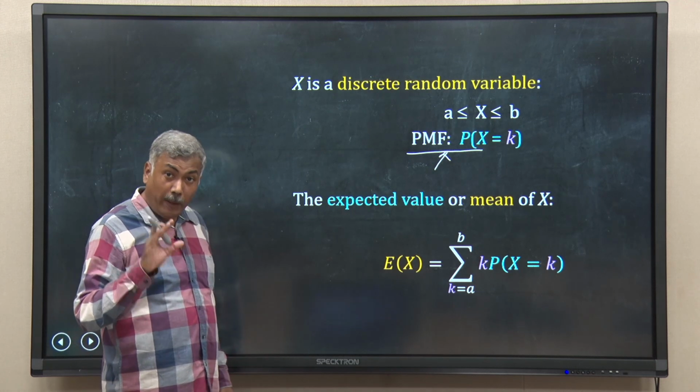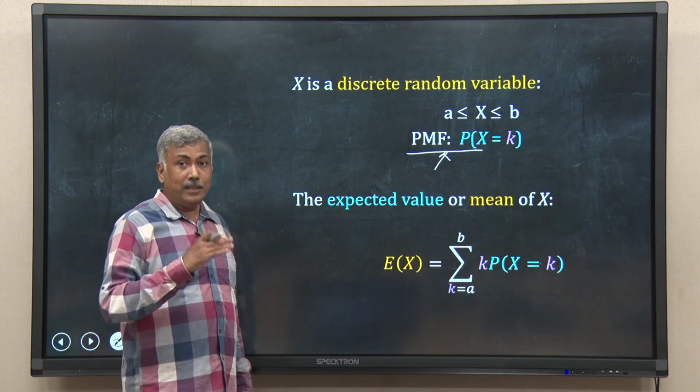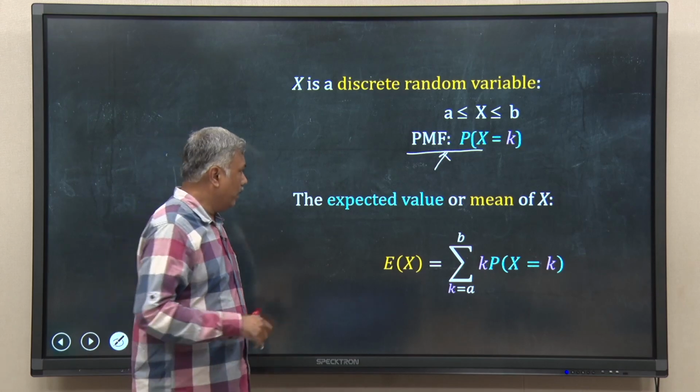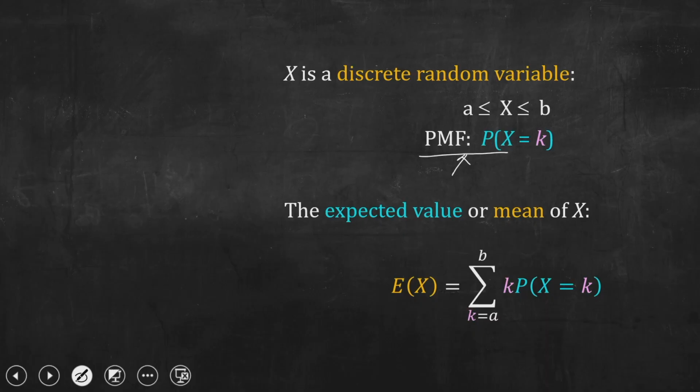Then the expected value or mean, which is the technical way of saying mean, is written E(x). Because it is the expected value, we write E and in brackets the random variable. So E(x), the expected value or mean of x, is equal to the summation of a particular value of x times its probability, and I get the probability from the probability mass function.